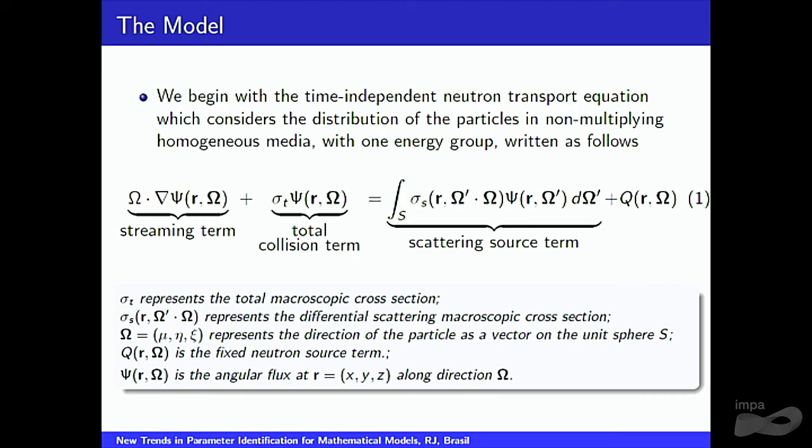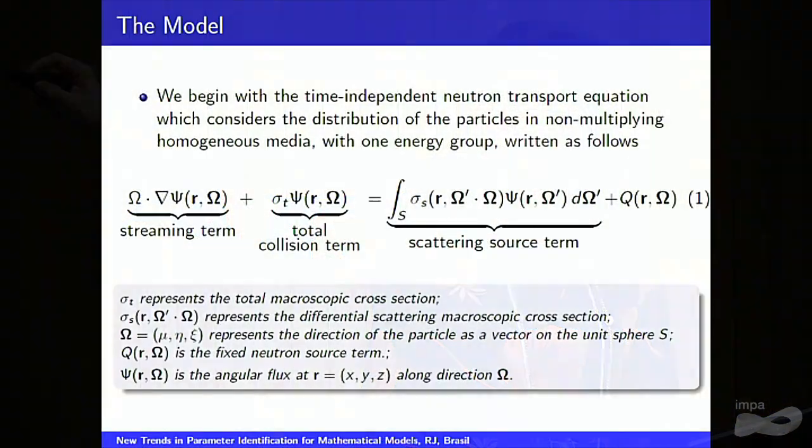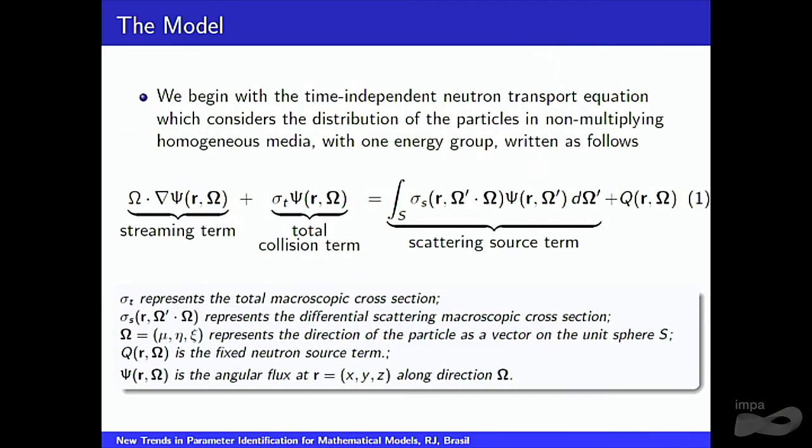So it's not just a question of changing the name of the parameters that are involved; depending on the problem I am interested in, some aspects of the model are more important, like anisotropy or, for example, the absorption coefficient. And for this problem here, psi is the angular flux in some position r along direction omega, as I mentioned before.